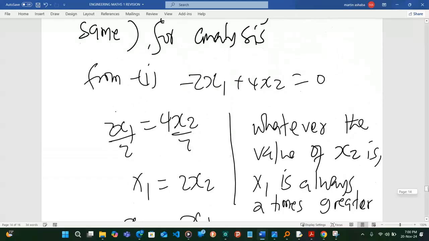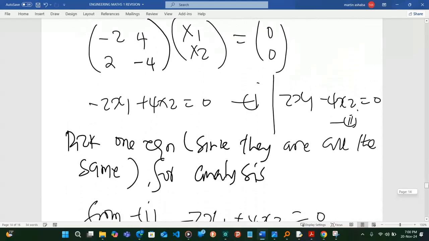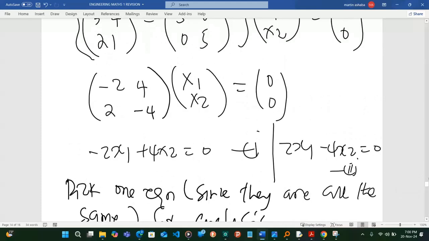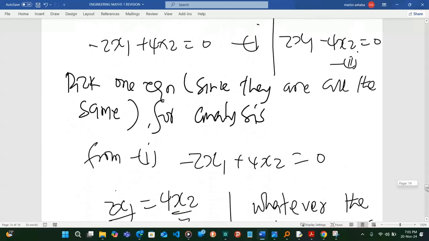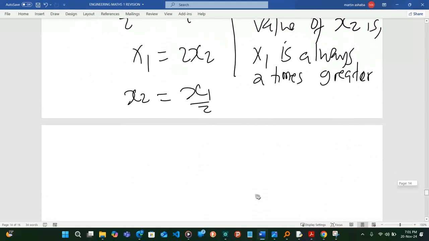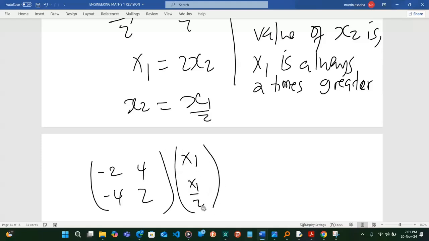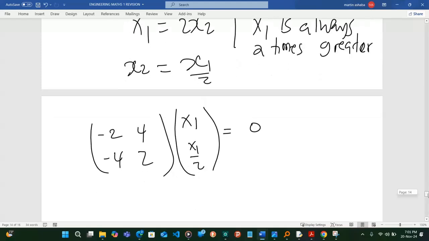Since from above we got x2, now we can come here and say our x1 is like that. So we'll have -2, 4, -4, 2, into x1, and x2 is x1 out of 2. Yes, so this is equal to 0, 0.